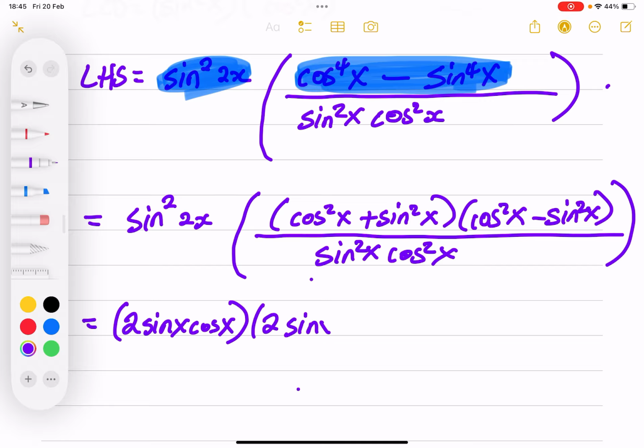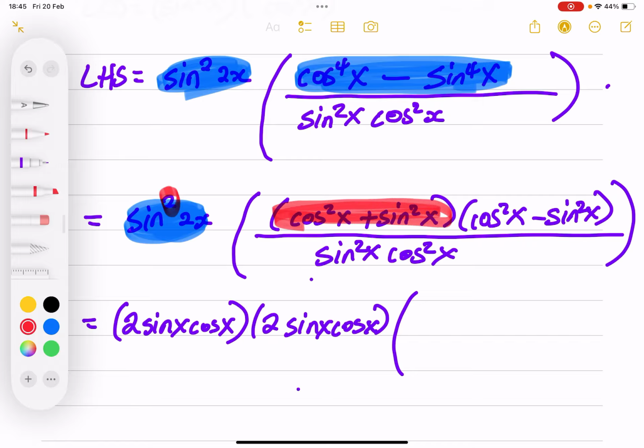According to the double angle identity, sine 2x is 2 sine x cos x, and I repeated it twice because it's being squared. And then in bracket, this part here becomes 1, so it basically disappears.